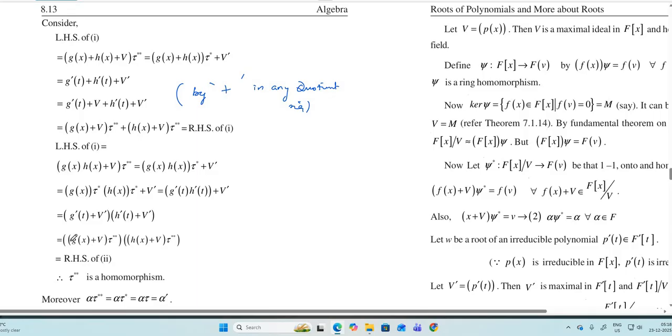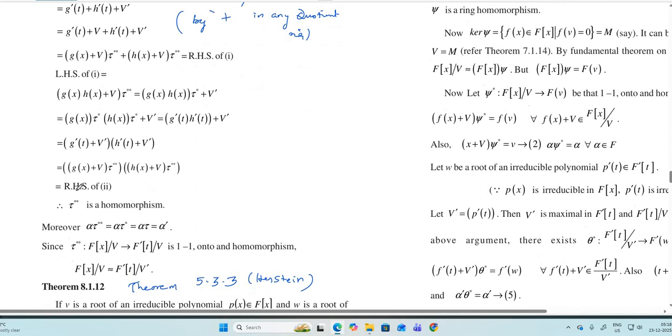And so we have got the images being separated. And so this is your RHS. And alpha tau double star is same as alpha tau star, which is same as alpha tau, and that is alpha prime. So since tau double star from this to this is a 1 to 1 onto homomorphism, we conclude that f of x mod v is isomorphic to f prime of t mod v prime.